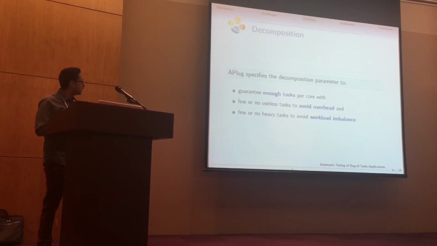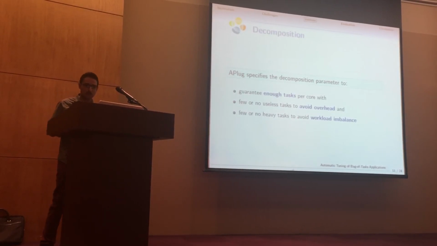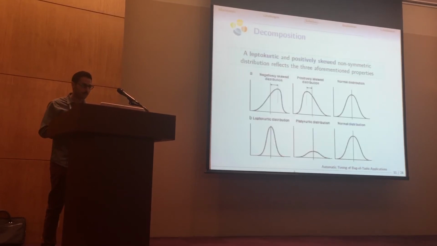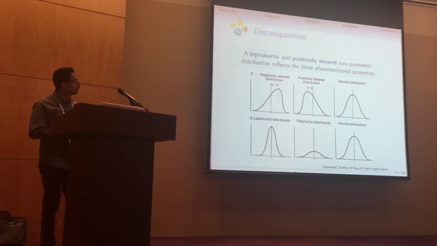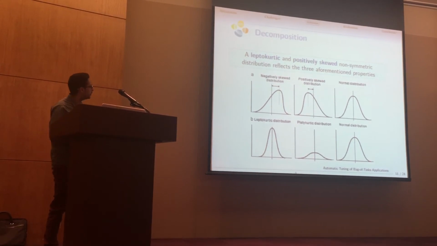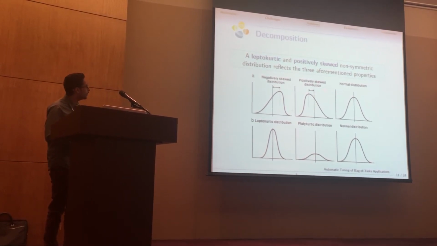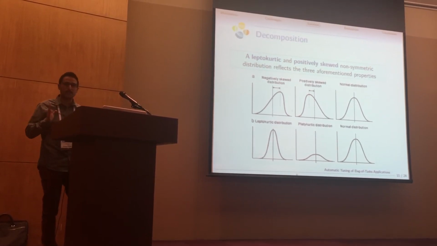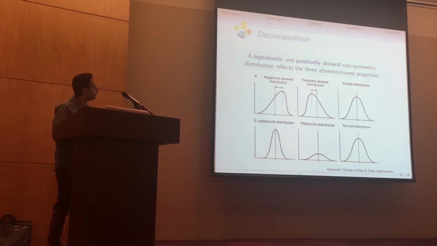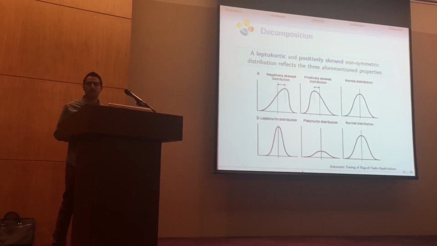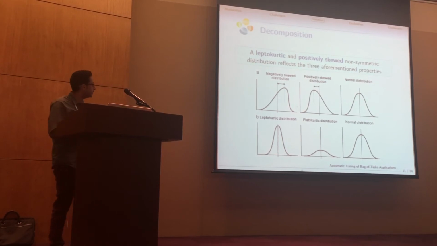We will also want to have few or none of the heavy workload tasks. When decomposing your problem, the frequency distribution that you want for your workloads is actually this, a positively skewed distribution. This is because you don't want most of your tasks to be of zero workload. You don't want most of your tasks to be heavy, because that would increase the workload imbalance when running your application on many cores.